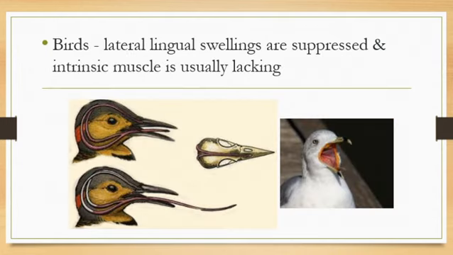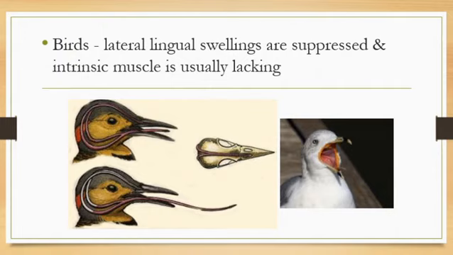In birds, lateral lingual swellings are suppressed and intrinsic muscles are usually lacking, since they mostly swallow. Unlike nectar-eating birds like sunbirds, hummingbirds, and flowerpecker birds, whose tongue is very essential. They have a very long tongue used to lick the nectar of the flower.